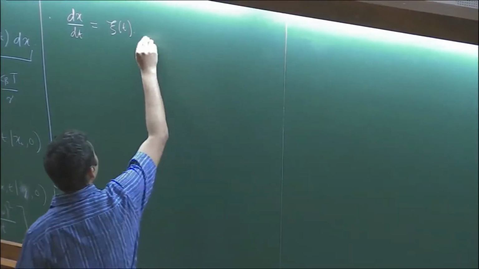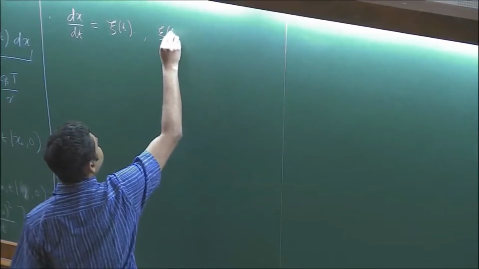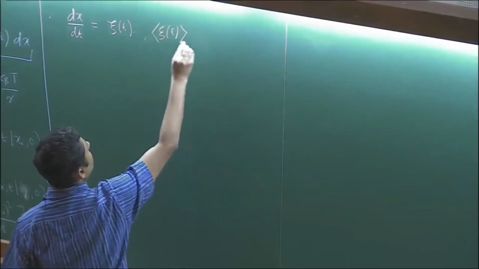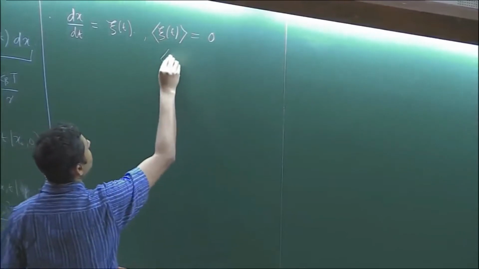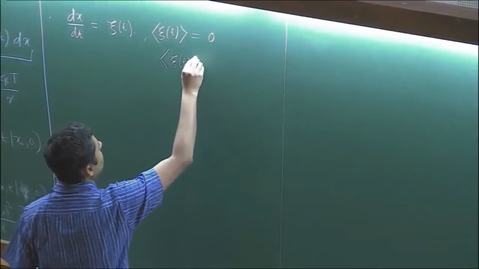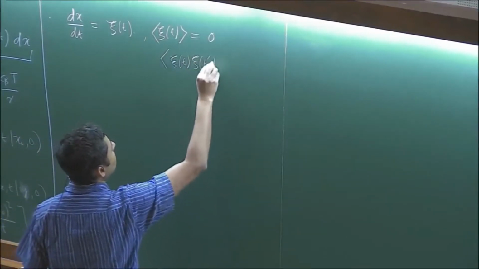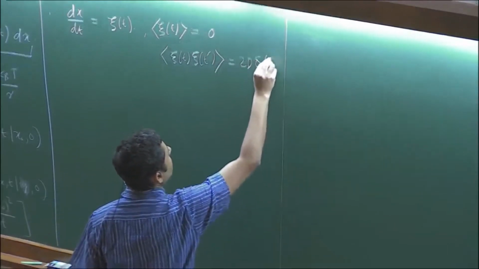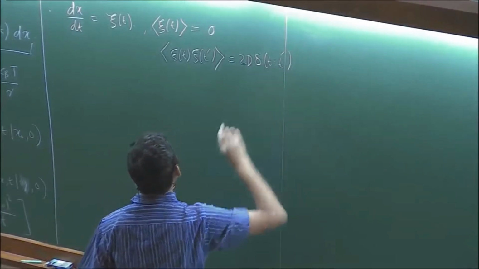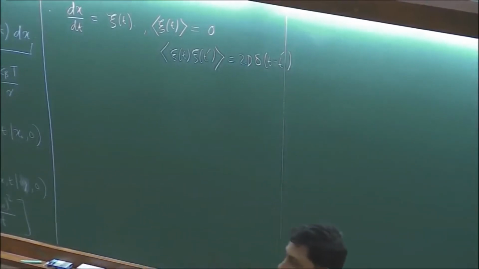And this noise has the property that its mean is 0 and the correlation is equal to 2D times delta of t minus t prime, right?